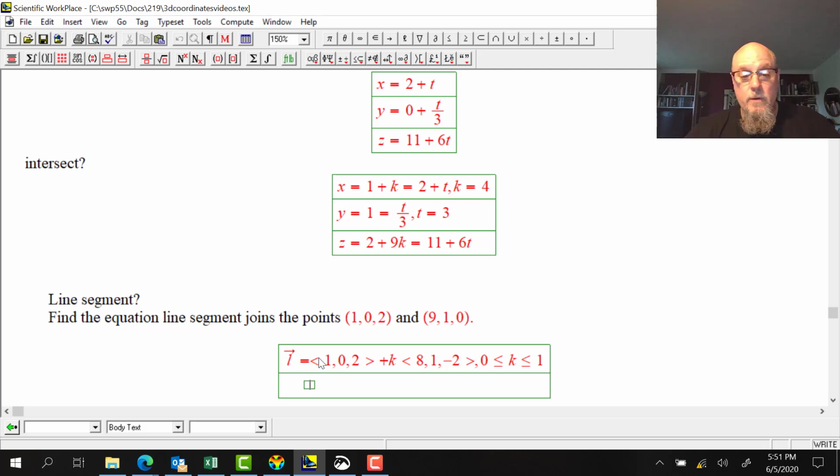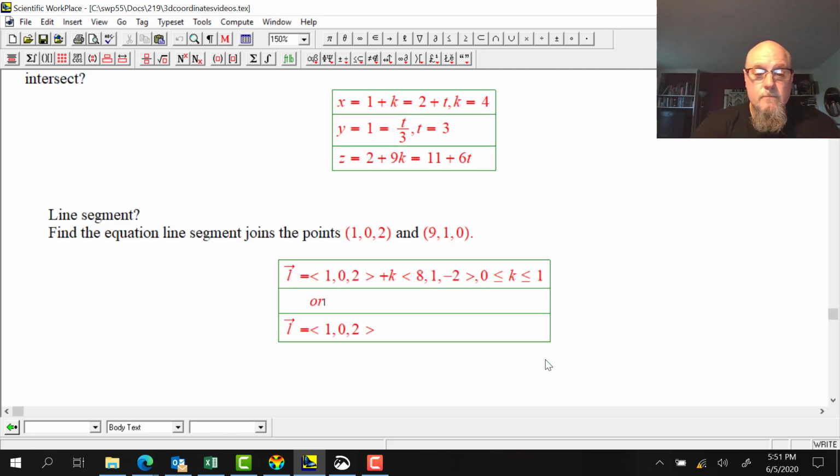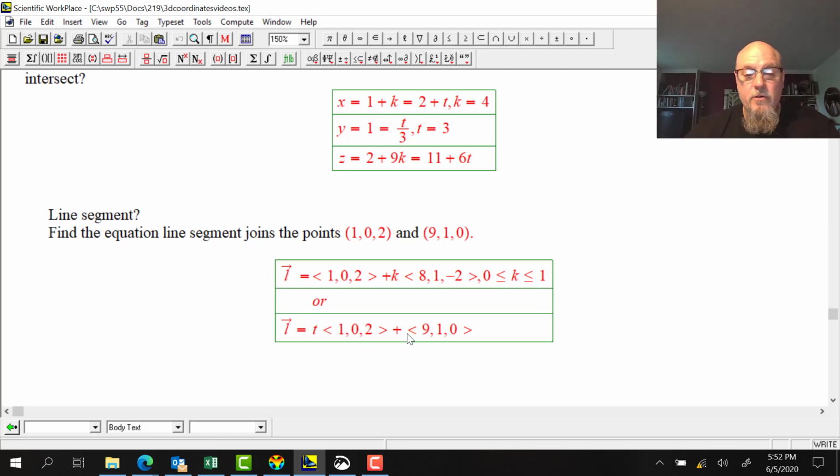But another way to do it: you could take the 2 vectors and take a weighted average. So let's take t times the first and 1 minus t times the other.